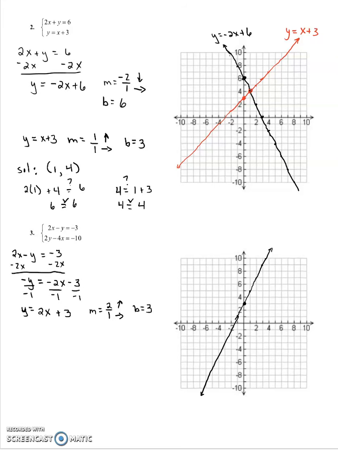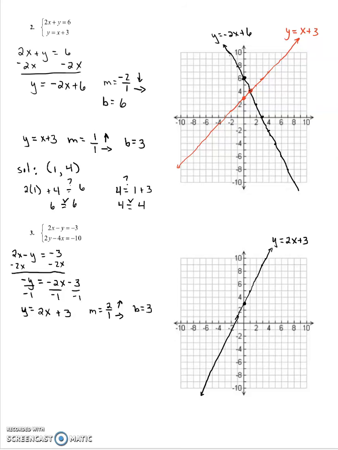Okay, so that one is our y equals 2x plus 3. Notice it doesn't matter whether you label it with the equation rearranged in slope-intercept or whether you use the original equation to label your line, as long as you label it.